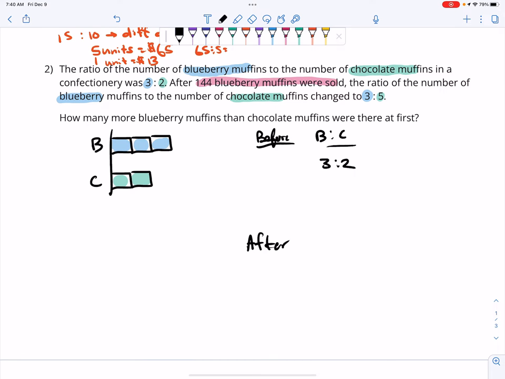After, that ratio of blueberry to chocolate was 3 to 5. Now, in this situation, ask yourself the question of what has changed and then what has stayed the same.